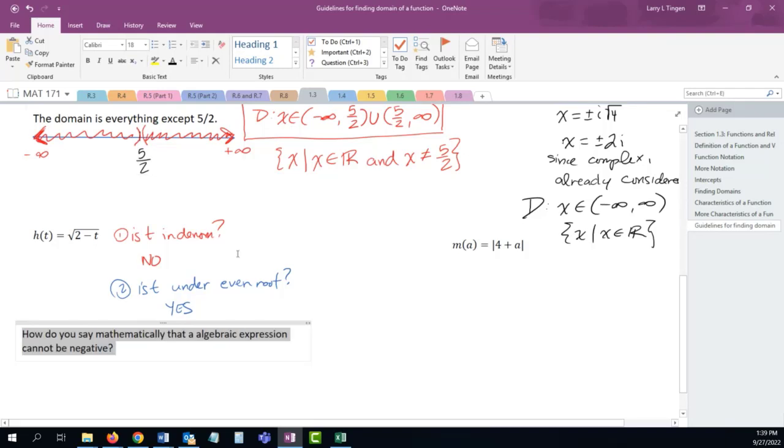Let's translate to math. If it can't be negative, it can only be what? What are the only other possibilities?